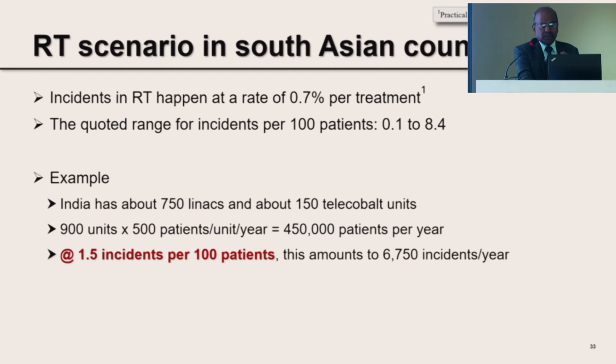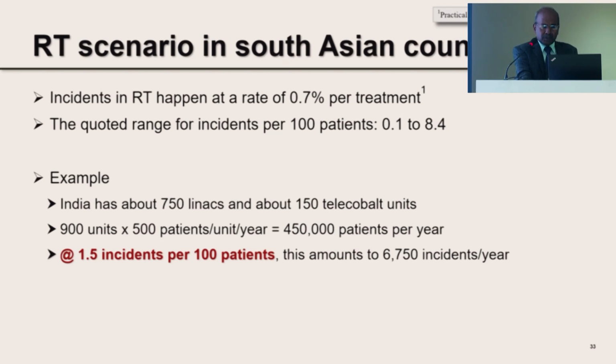For example, my country, India, has about 750 Linacs and 150 telecobalt units. That's about 900 units. If you assume that we are treating about 500 patients a year per unit, this means that we are treating about 450,000 patients a year.